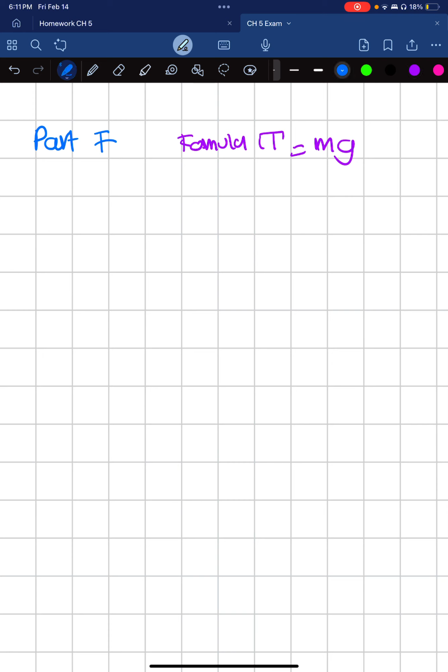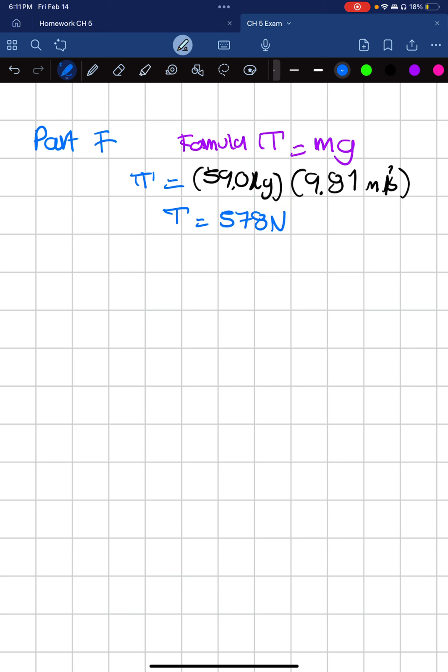We can just plug it in. We have the mass of the bucket, which is 59 kilograms, and the gravity, which is 9.81 meters per second squared, which will give us that the tension is 578 newtons.